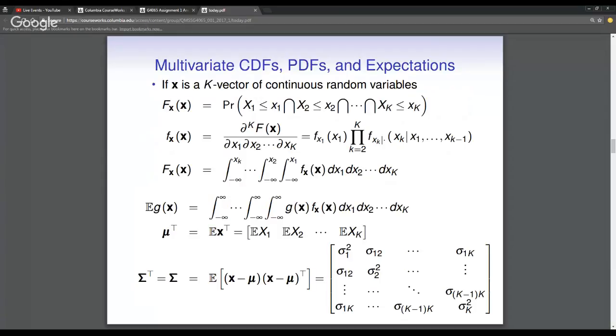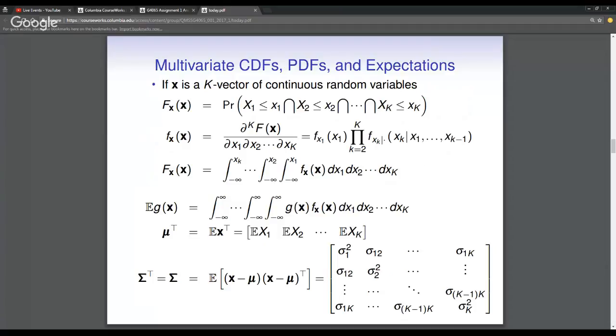Multivariate CDFs, PDFs, and expectations thereof. So if x is a vector of real numbers, let's say continuous random variables, then we can think about the CDF of this random variable x as the probability that the first random variable X1 is less than or equal to little x1, and big X2 is simultaneously less than or equal to little x2, and big XK is less than or equal to little xk, where we supply the values of the little x's to evaluate this CDF at.